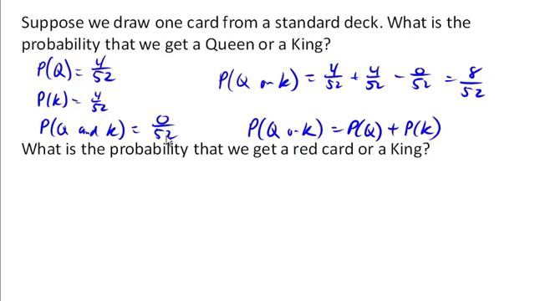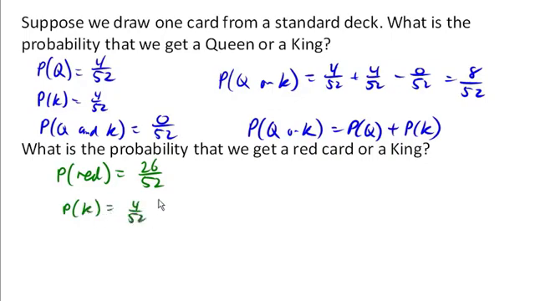So in our second problem here, what's the probability that we get a red card or a king? The probability of a red card is, half the deck is red, so that would be 26 out of the 52. What's the probability of a king? That's 4 out of 52. What's the probability that it's red and a king?